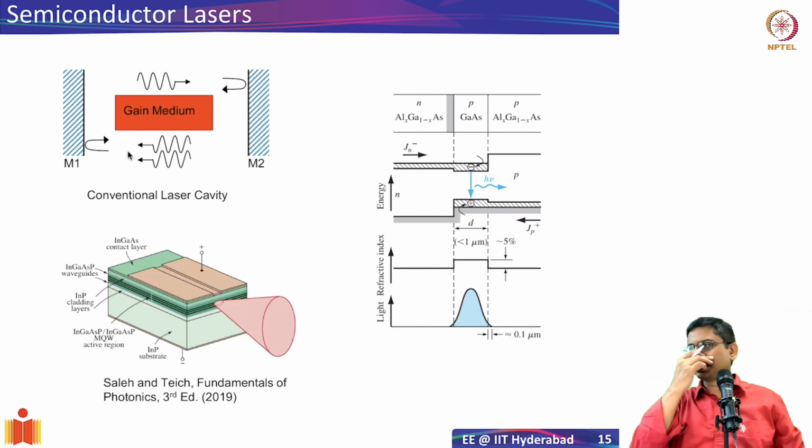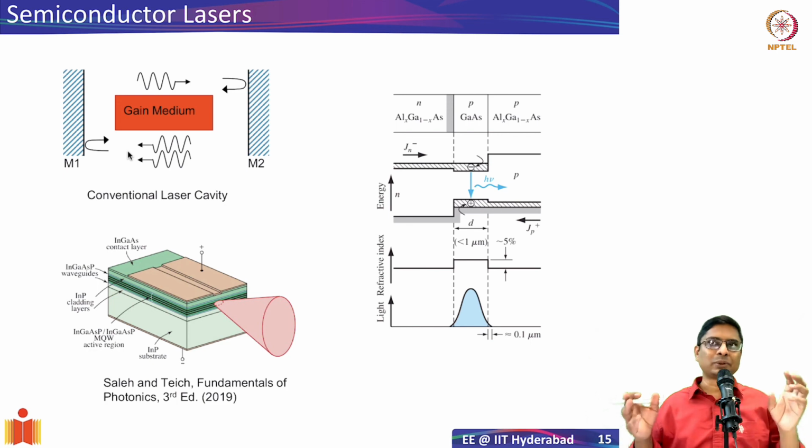And so we have looked at what the cavity is, and we looked at what the gain medium is. One of the ways to create population inversion in semiconductors, in modern lasers, is by using what are known as double heterostructures. We talked about heterostructures, or quantum wells, wherein you had gallium arsenide sandwiched between two gallium aluminum arsenide layers on both sides.